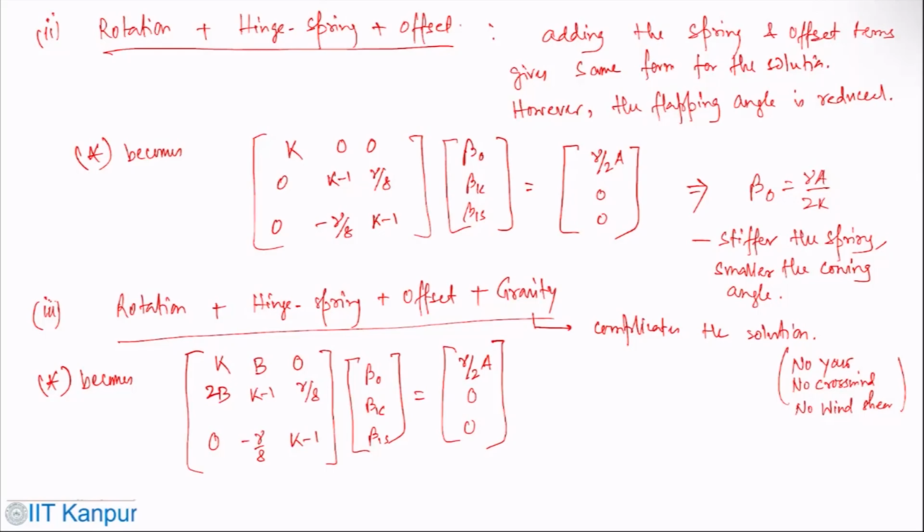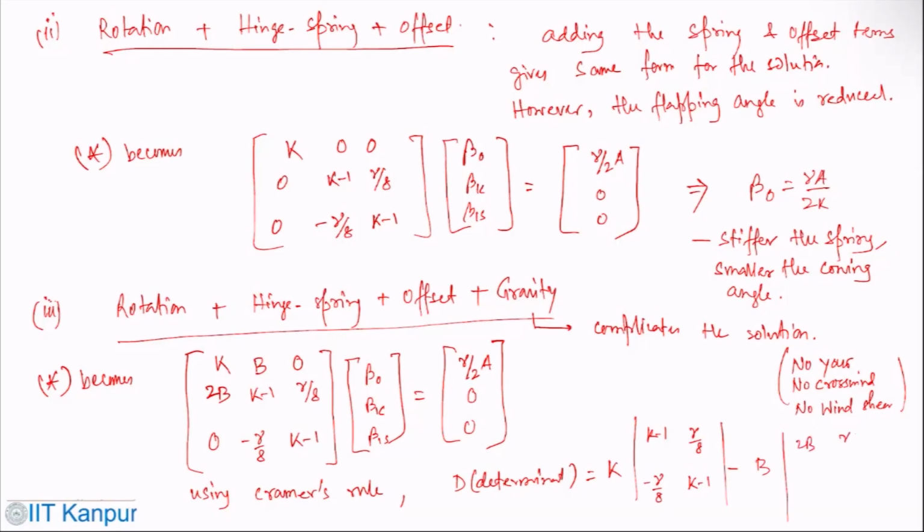I mean, obviously, we can use Cramer's rule. So using typical Cramer's rule, we can find out the determinant. Okay. So that would be K minus 1, gamma by 8, K minus 1, minus B, which is 2B, gamma by 8.